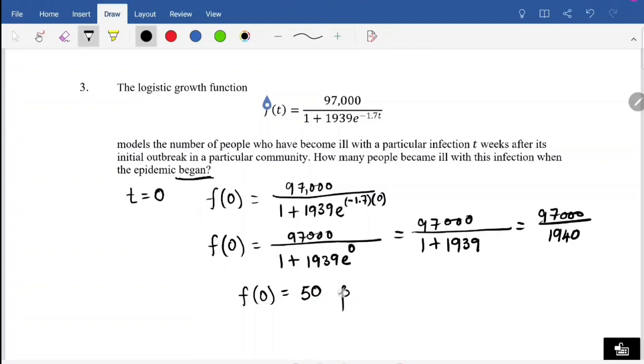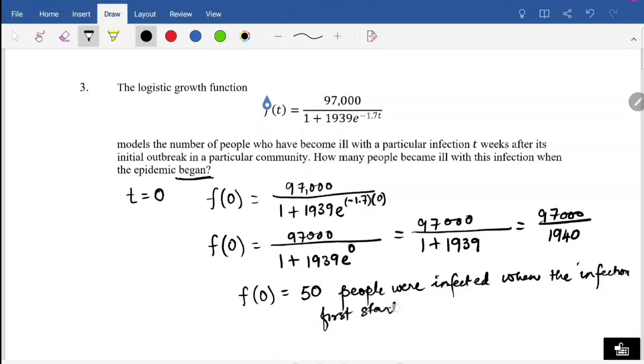So 50 people were infected when the infection first started.